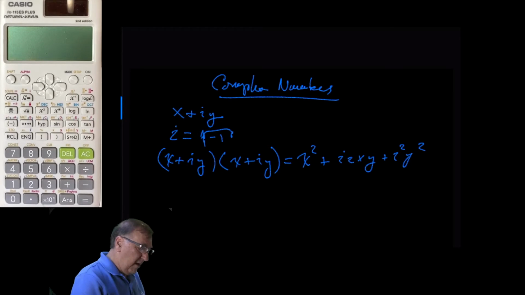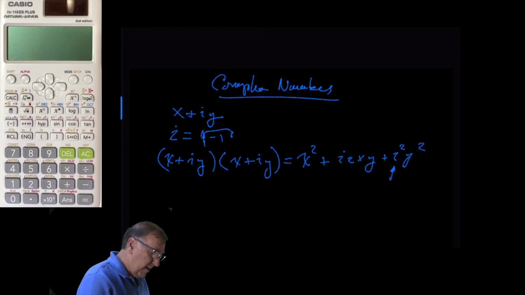Here's where the i squared becomes minus 1, because the square root of minus 1 times the square root of minus 1 is minus 1. So this equation becomes x squared plus i 2xy minus y squared.